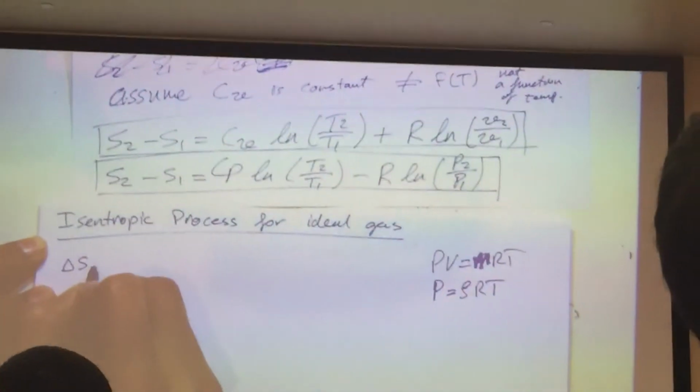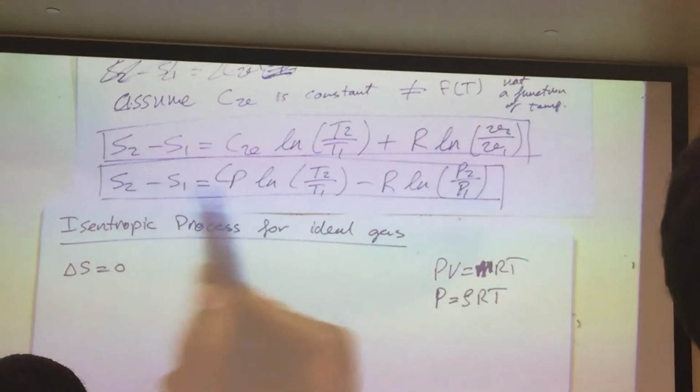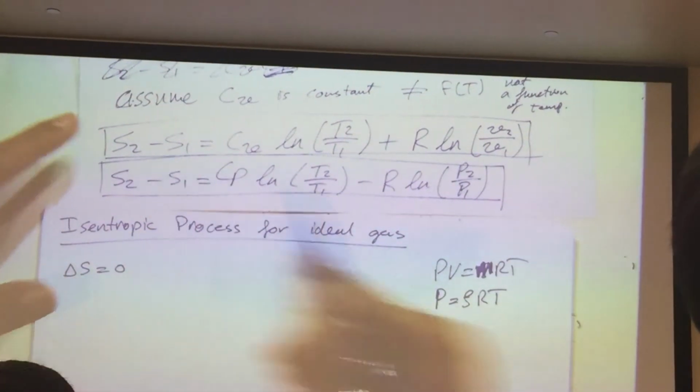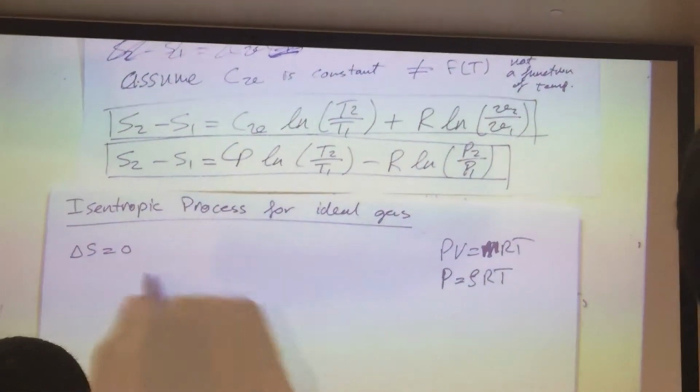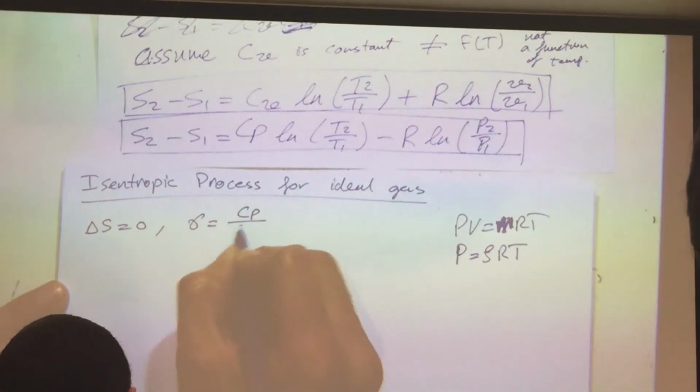So ds is going to equal 0. If I take ds equal to 0, set this equation equal to 0, and rearrange my terms, and I know that gamma is equal to Cp over Cv.